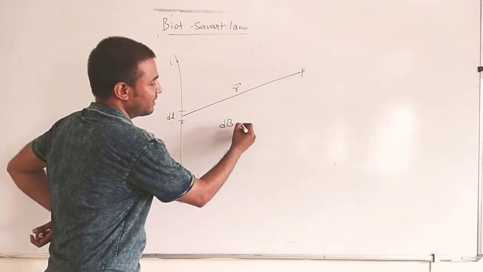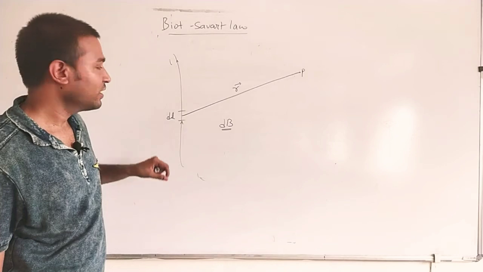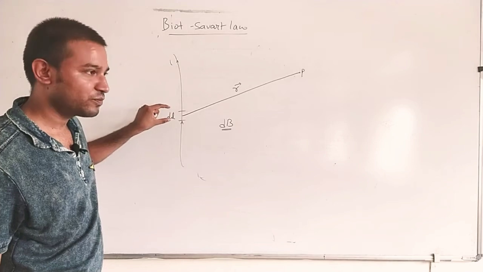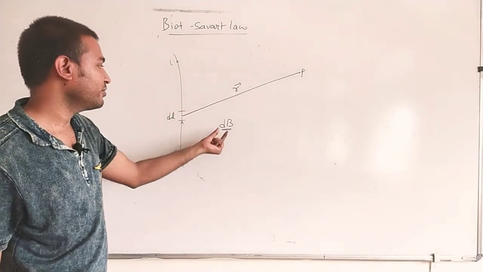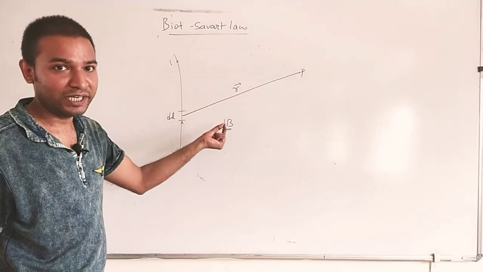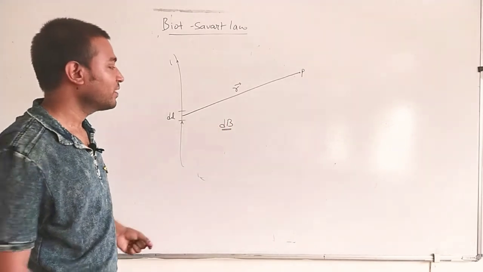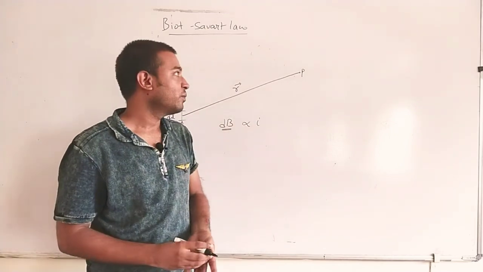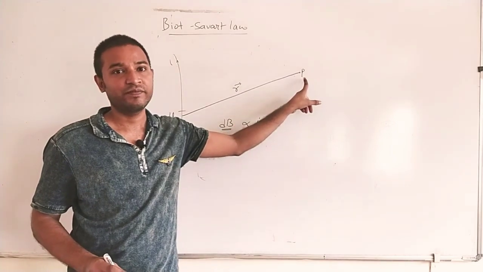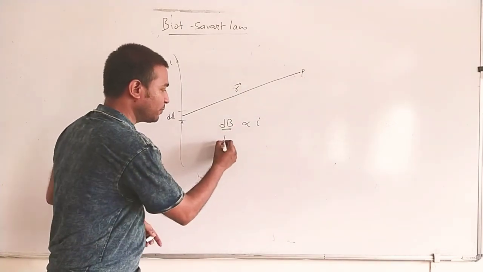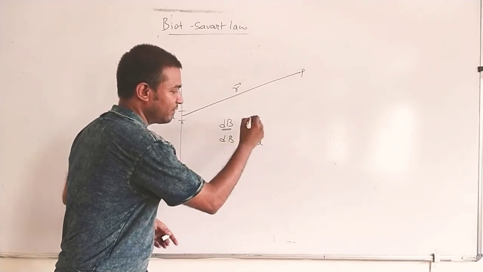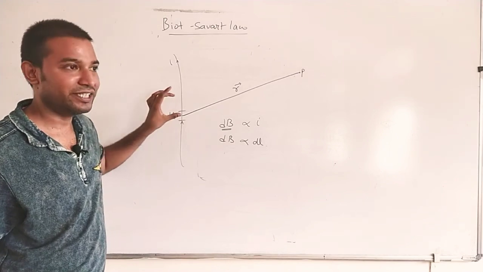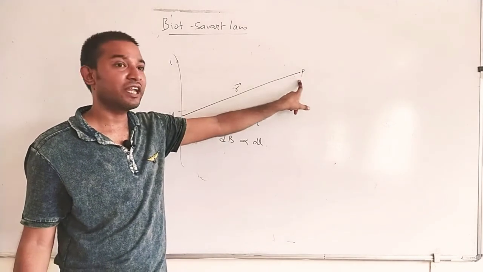Now Biot-Savart law states that the magnetic field, of course the magnetic field will be very small in magnitude because we have considered only a very small part dl, and that's why we have used dB, not B. Here B indicates the magnetic field. Now dB is proportional to I, meaning more current, more magnetic field. dB is proportional to dl, meaning that if the length of the wire taken is more, the magnetic field will also be more.